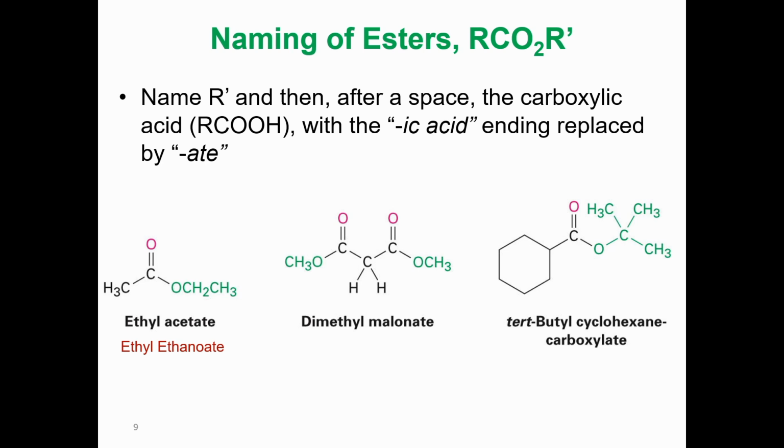So that's why we'll talk about tertiary butyl cyclohexane carboxylate. So the highlighted green is the alkyl, which is tertiary butyl, while the part that bears the carbonyl is the carboxylic acid precursor, which is cyclohexane carboxylate.